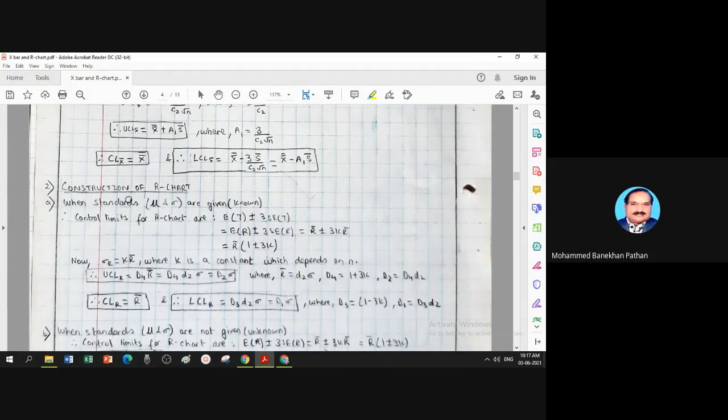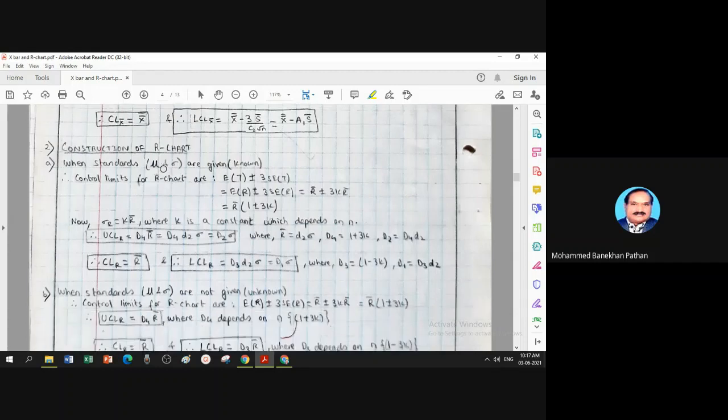Now we proceed to construction of the R chart. That was for the X bar chart; now for the R chart. If mu and sigma are known, then the control limits of the R chart are the expected value of the statistic, here R_i, plus or minus 3 times its standard deviation, which is nothing but for the range.